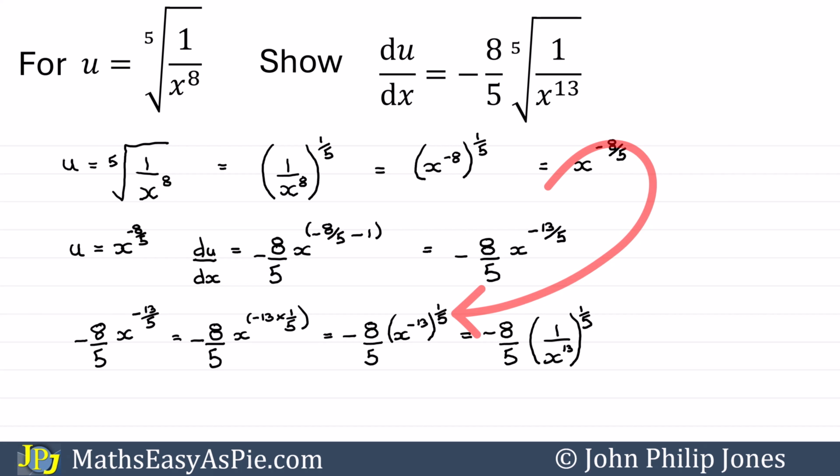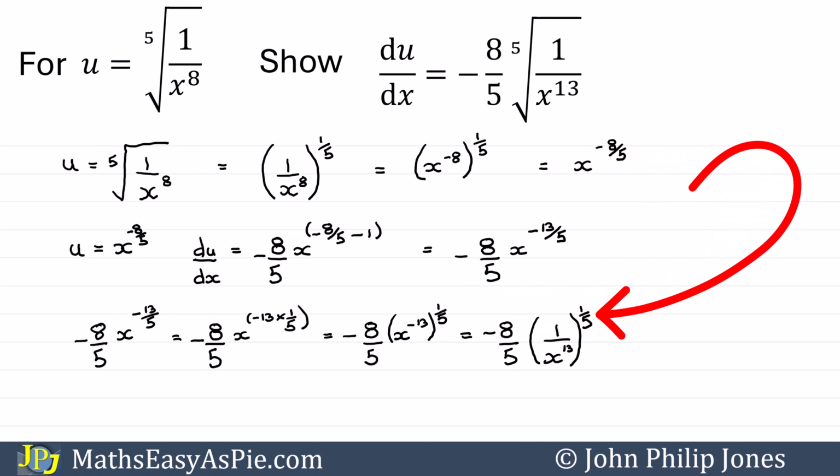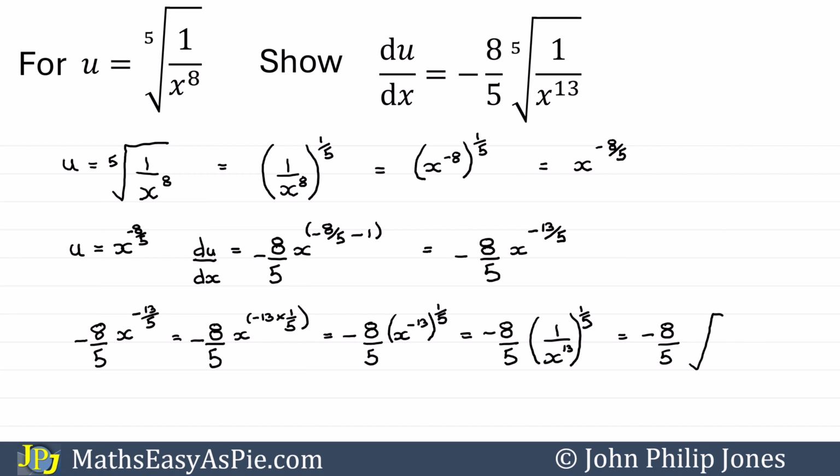And of course, this power of 1/5 remains in this position here, raising what's in the brackets to the power of 1/5. Continuing, we can say this is equal to minus 8 over the 5, and we can have here the fifth root, and in the root we have 1 over x to the power 13. Now we're able to put the fifth root here because this is the power 1/5.